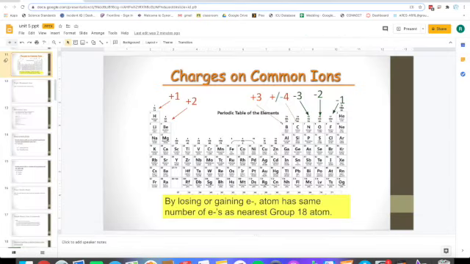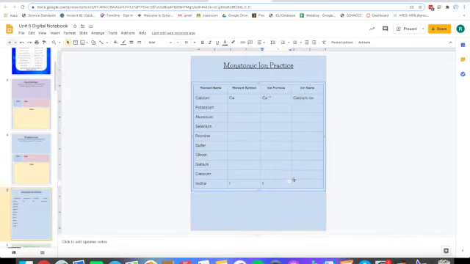Iodine is right here, which means it has a -1 charge. So I will have a -1 charge. Highlight that, hit Control period. Oh, whoops, that's supposed to be right here. -1, highlight, Control period. Okay, in this section, we need to put the name. If it is a negative charge, then you add -ide to the end. So this would be iodide.